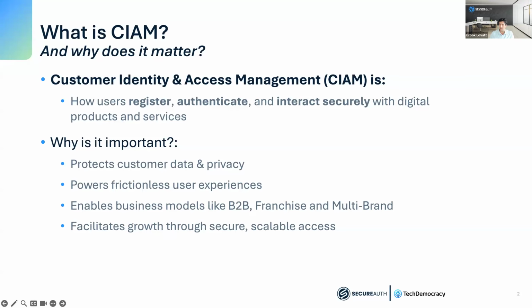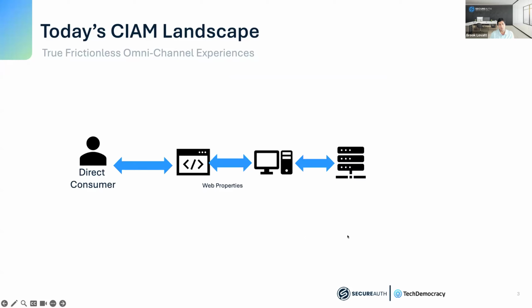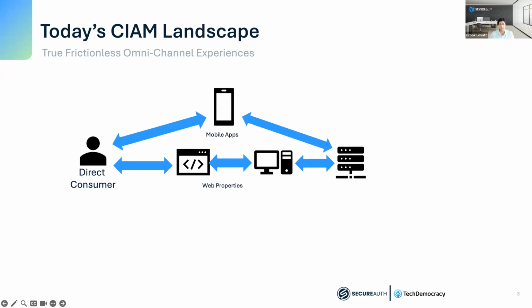So let's talk about what the actual landscape looks like. In today's landscape, you generally start with your direct consumer. Your direct consumer has historically been interacting with a web property of some kind, like a website, which is a browser running on the computer, talking to servers. In addition to this, we have mobile apps, and the mobile apps separate the client from the server in a certain way, right? So we now have this native application.